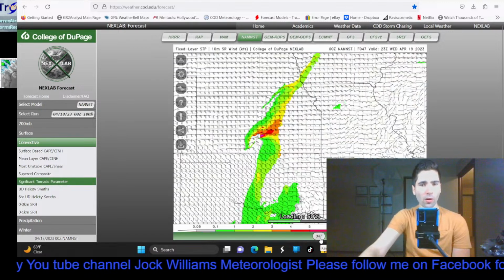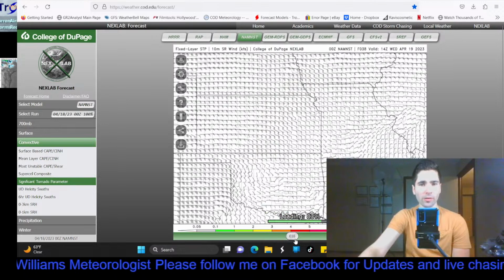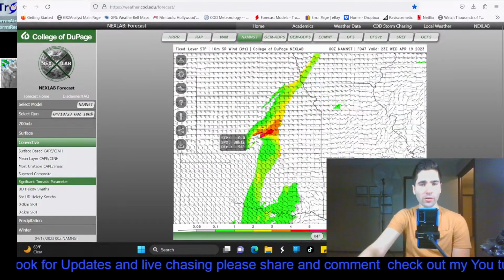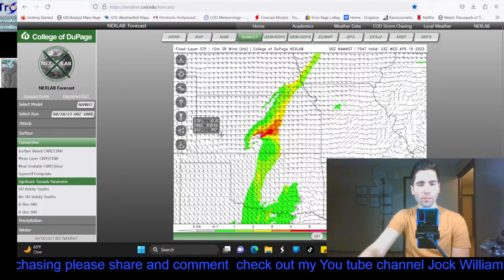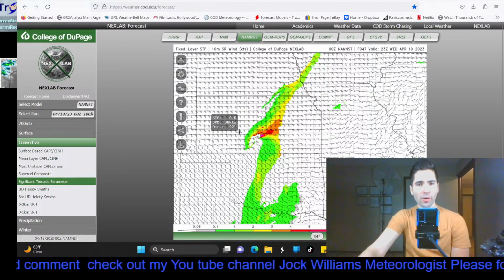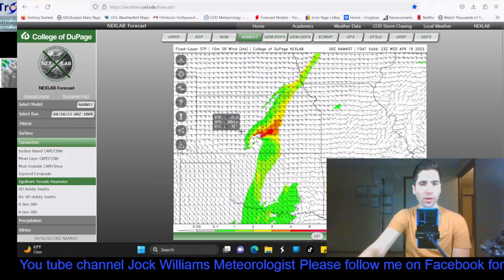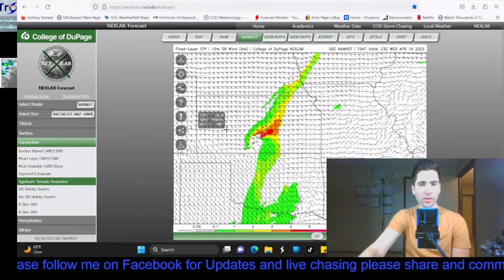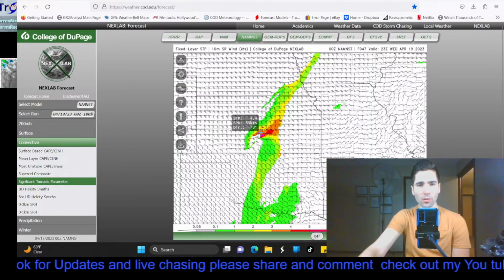It's only going to take 1 or 2 supercells in this environment to really start to root down to the surface and get involved. And I do think we could probably see a noodle or a weaker tornado on Wednesday, if surface and atmospheric dynamics can come together.